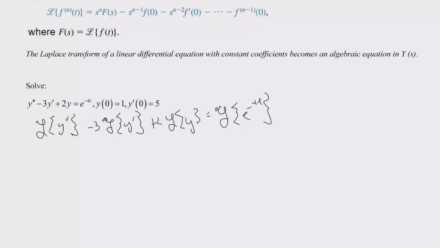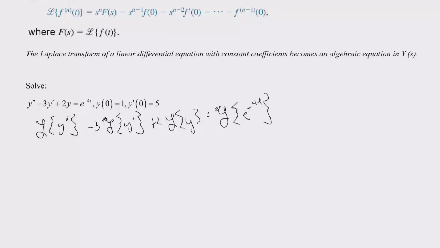Okay, so coming up to what the second derivative looks like, so that's this statement right here. That's going to be s squared minus s y of 0 minus y prime of 0. Okay, so let me write what I just said there.